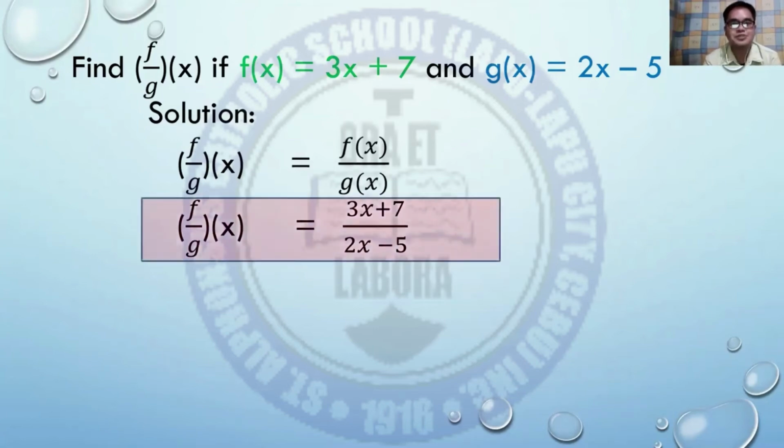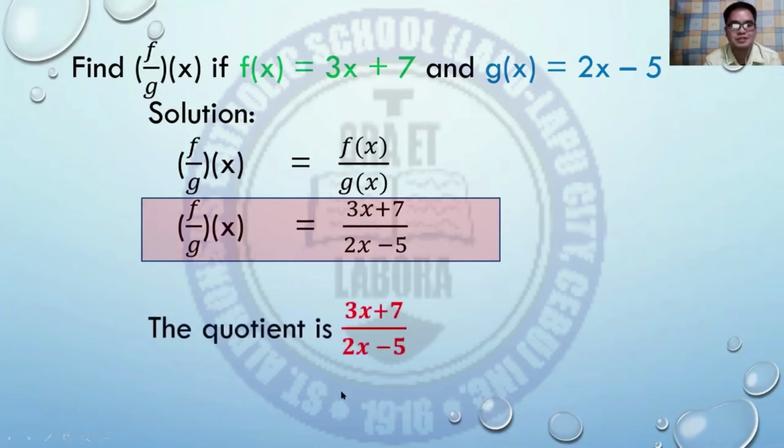Okay, this is considered our final answer because there are no common factors for both the numerator and denominator of our answer. So therefore, the quotient of the two functions is 3x plus 7 over 2x minus 5.